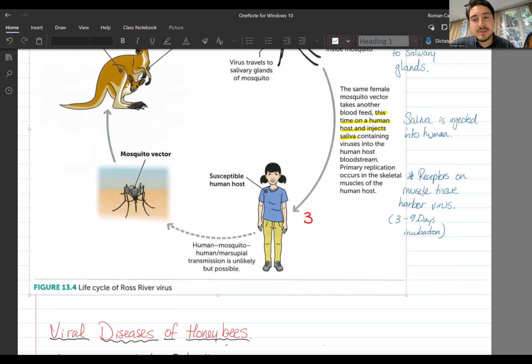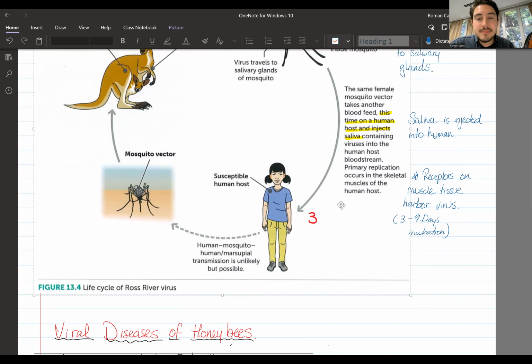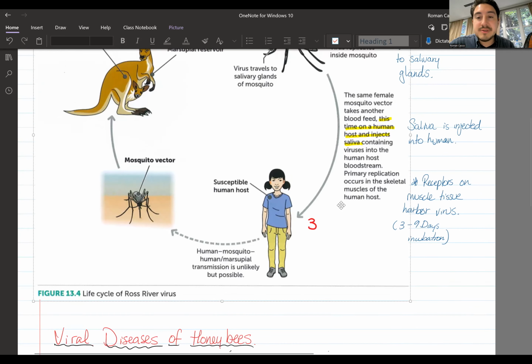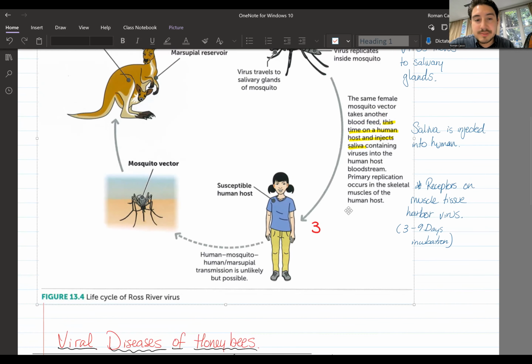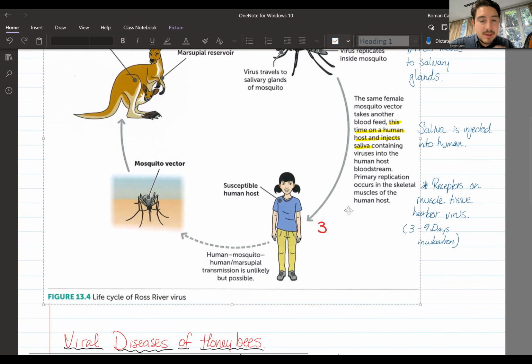In this case, for this particular virus, you have 3 to 9 days of incubation before you start feeling some form of symptoms from this virus, right? So in the muscle cells, that's the primary replication area, in the skeletal muscle cells of humans.